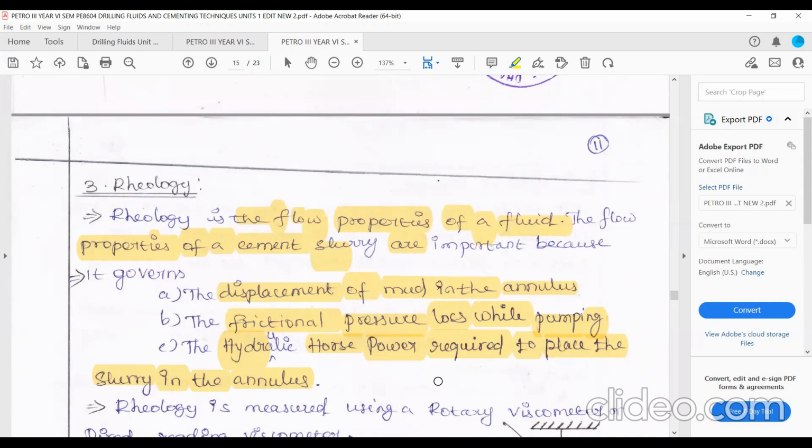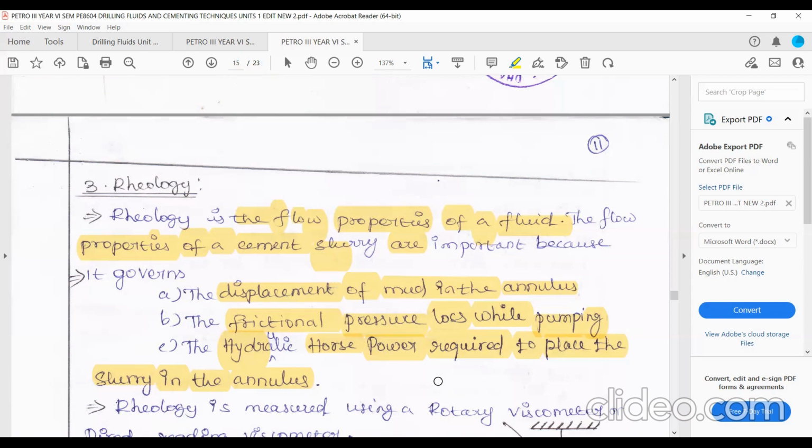The flow properties of the cement slurry are very important for the following reasons: because it has to displace the mud in the annulus, and the frictional pressure losses while pumping must also be taken care of, and the hydraulic horsepower required to place a slurry in the annulus. So these are the three reasons why we want to study the rheology.